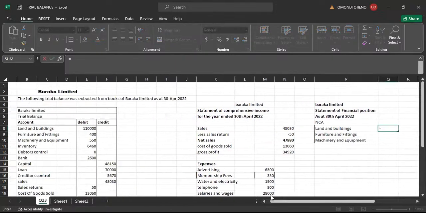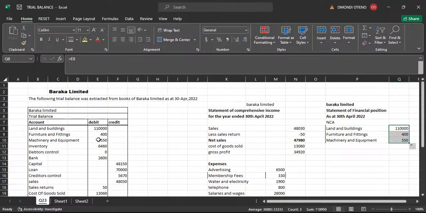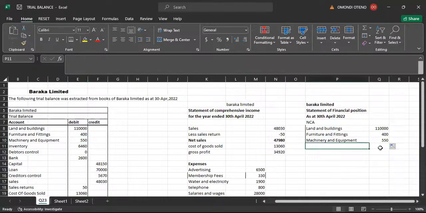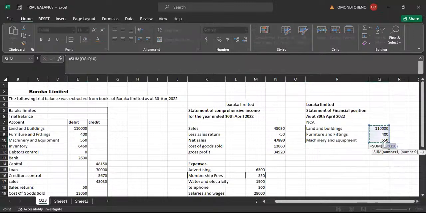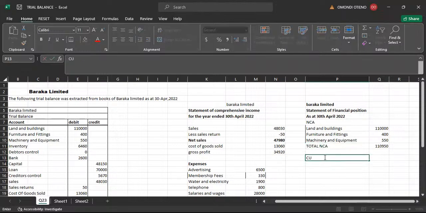I just come and refer to these values. They are following each other, so I just come and autofill the 3. I'm done with the non-current assets. So I come to the total of these non-current assets, that is the summation. So we have total non-current assets. I have to come now to current.